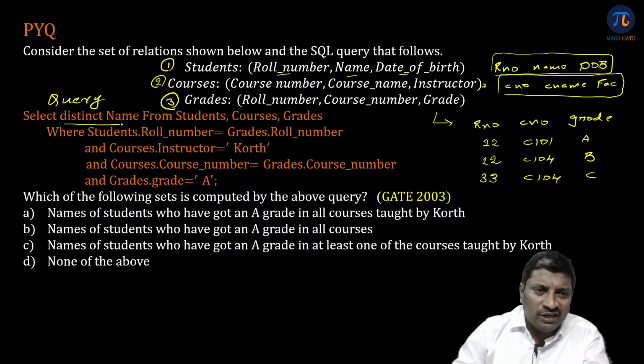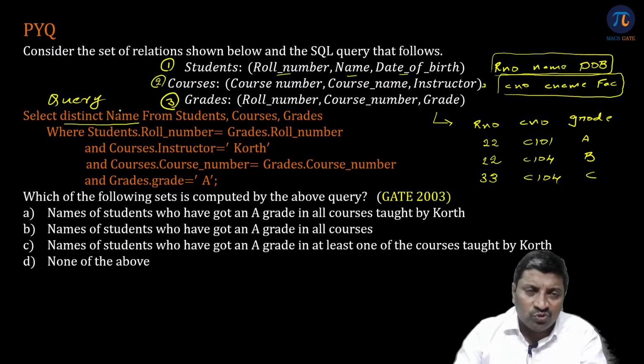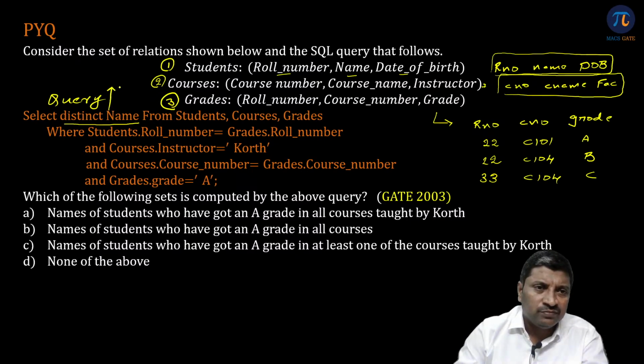Select distinct names. So I want names, and each name only one time. Duplicates are not allowed. Up to here it's clear, sir. Distinct names of students. Please observe that they simply wrote name because in all three relations, name appeared only one time.